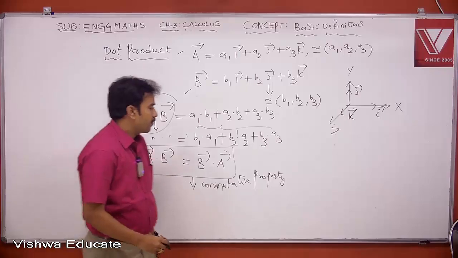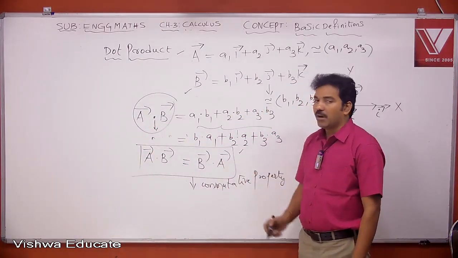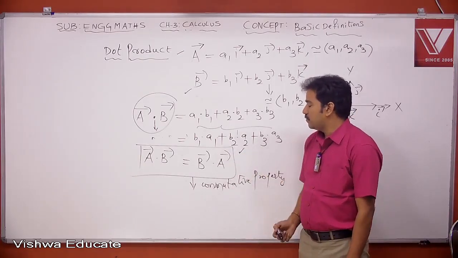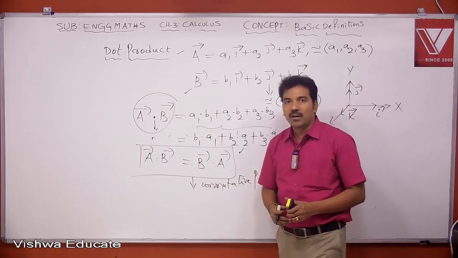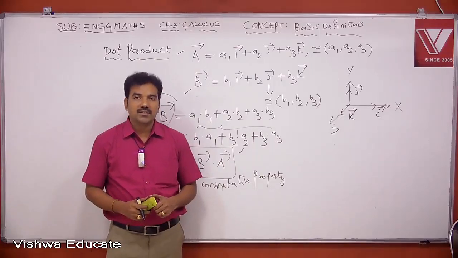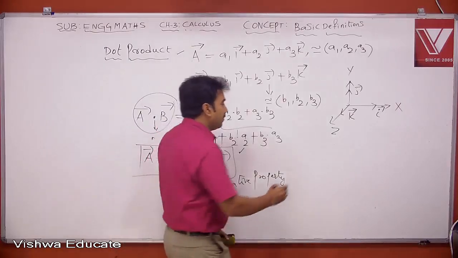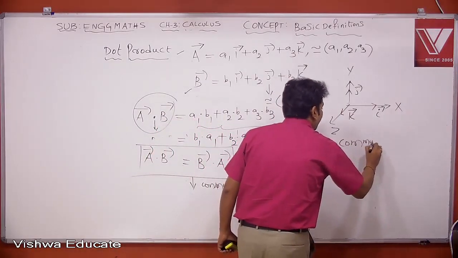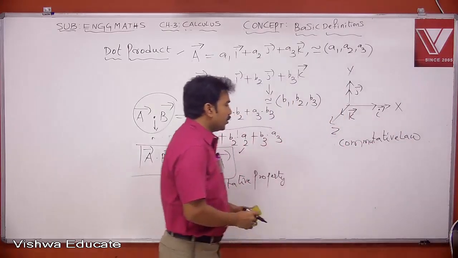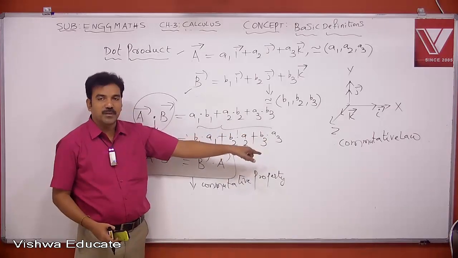Note: A bar dot B bar equal to B bar dot A bar for any two vectors A bar and B bar. That is, vectors satisfy commutative law with respect to dot product.